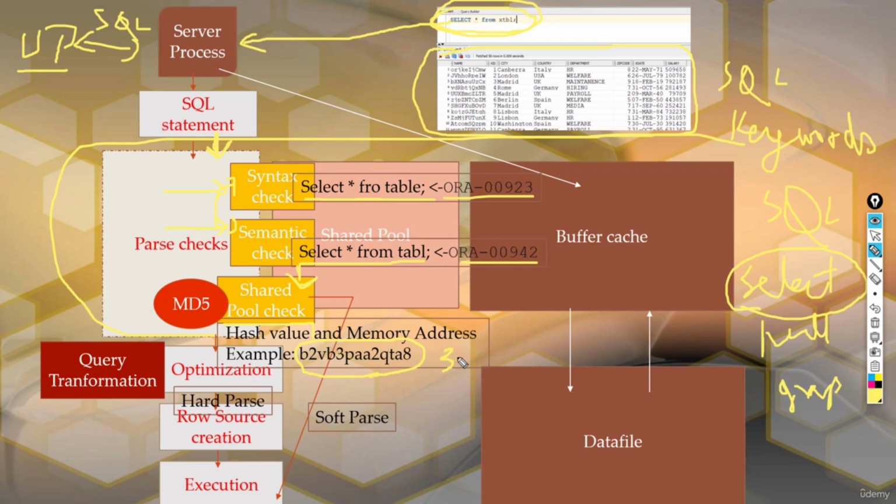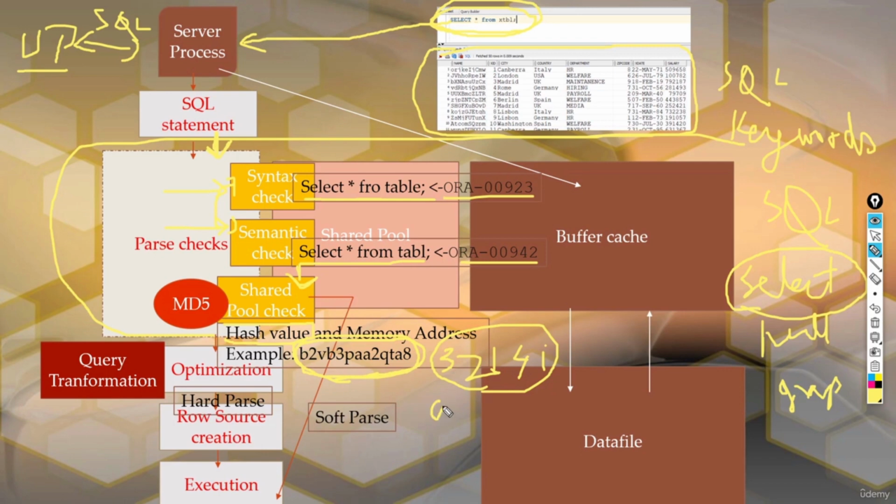But the hash value is something different. Okay, it will be in numbers, something like 3, 2, 1, 5. So this hash value is unique for each and every statement. Also, this SQL ID is unique for each and every SQL statement. Okay.